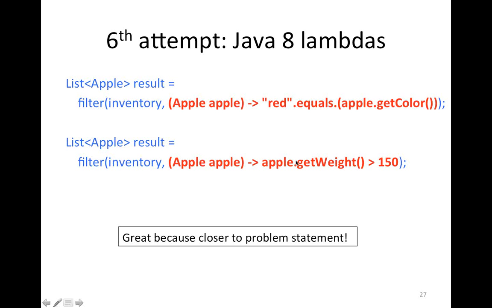And the second line shows that we'd like to do the same thing, but based on the weight. So now our code is a little bit more concise. And do not worry about the syntax for now. We'll come to lambda expressions in a couple of minutes. But I just want you to notice that we've managed to reduce the code from about 4 or 5 lines to one line that is clearer. So our code is starting to look a lot closer to the problem statement.